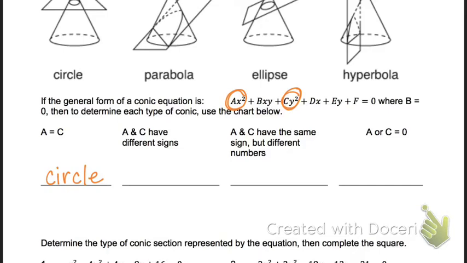If A and C have different signs, so like one is positive and one is negative, we call that a hyperbola. So A times C is less than 0. If A and C have the same sign but different numbers, we call that an ellipse.